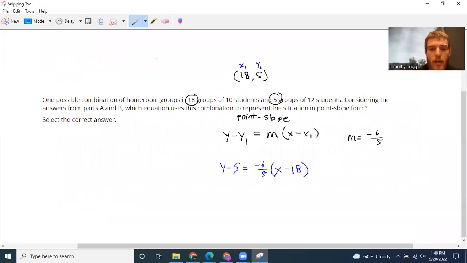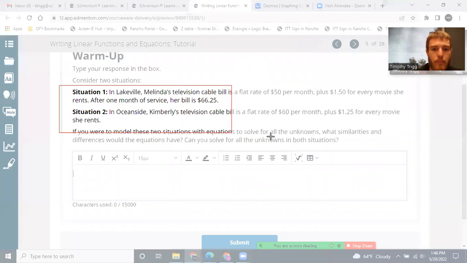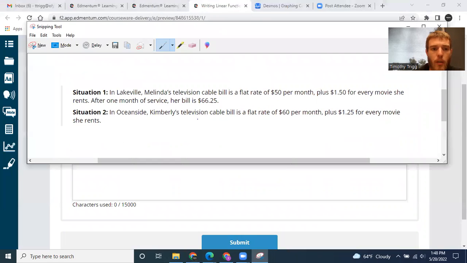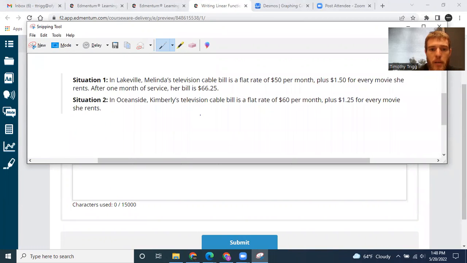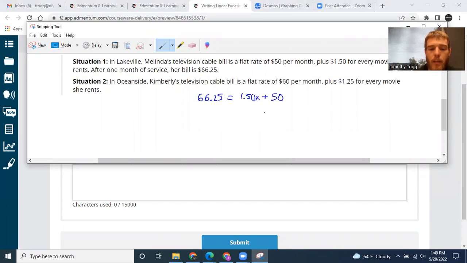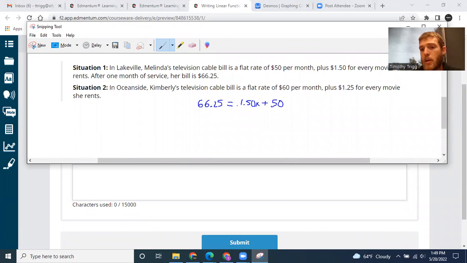So the equation for situation 1 would be the amount of her bill, which is $66.25, equals $1.50 times the number of movies she rents, plus a flat rate or a constant $50. So you can see this would be the equation from the first situation.